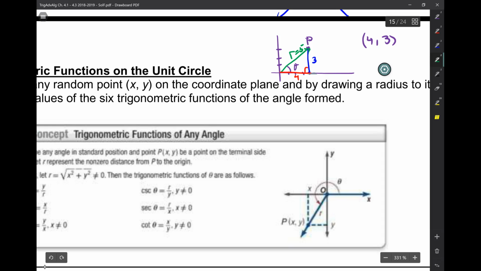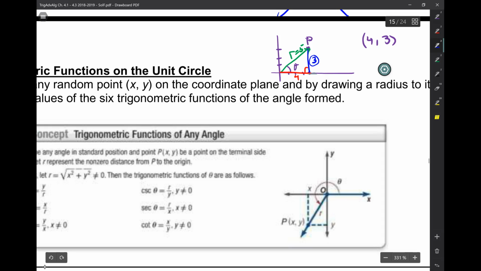Now that I have this, can I find the sine of that angle theta? SOHCAHTOA: sine is always opposite over hypotenuse, cosine is adjacent over hypotenuse, and so on. So sine is going to be the blue over r.